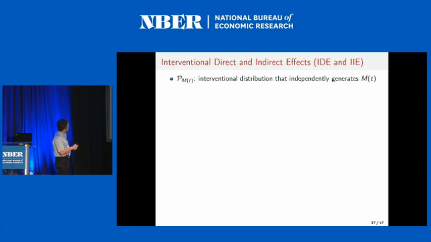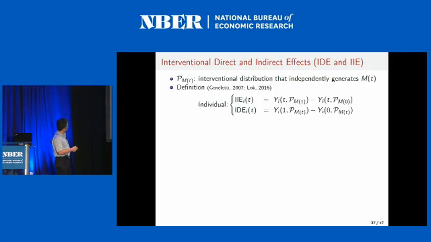Let's think about an interventional distribution that independently generates this natural mediator value. Okay? So this is a definition. With abuse of notation, we're saying this is an indirect effect. So set the treatment constant and change the distribution of the mediator from the one that would be generated under the treatment condition to the one generated under the control condition. This is just changing the distribution, not changing each individual natural value.